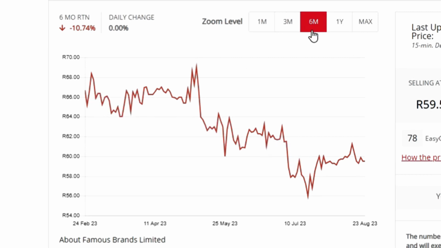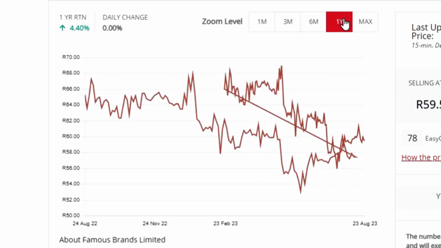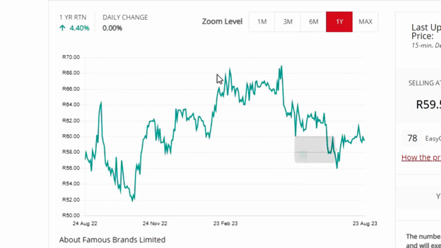And this line was within 6 months, and this is how it performed. It looks like it went from 66 to 59. Yeah, that doesn't look good. But remember, like I said, if it's red, it doesn't mean it's not performing well.